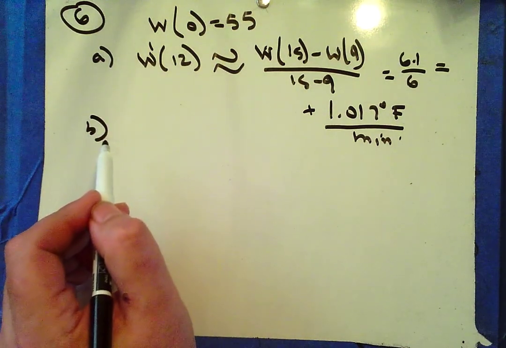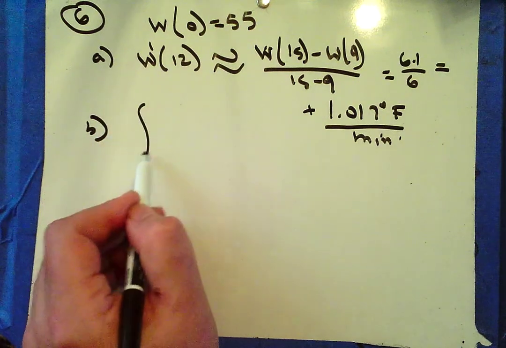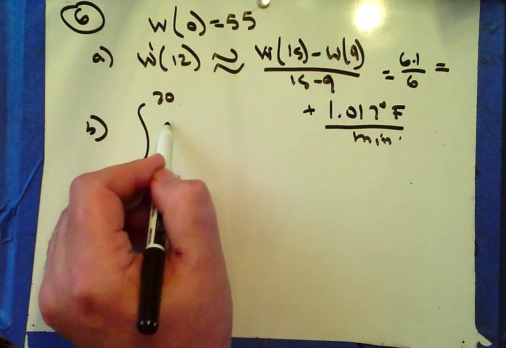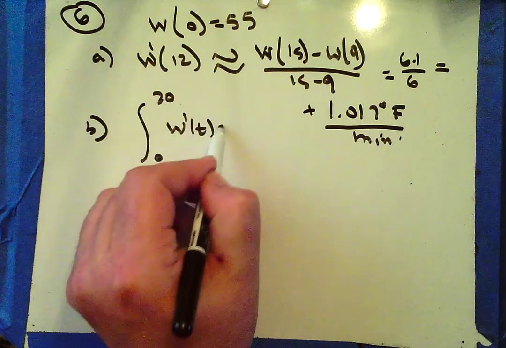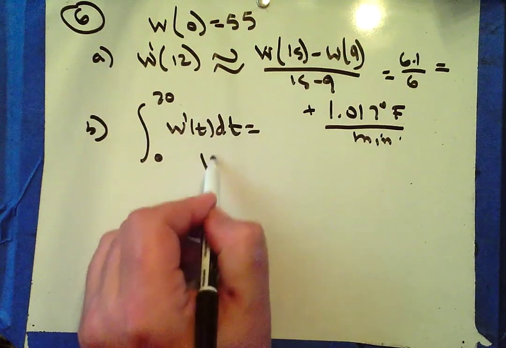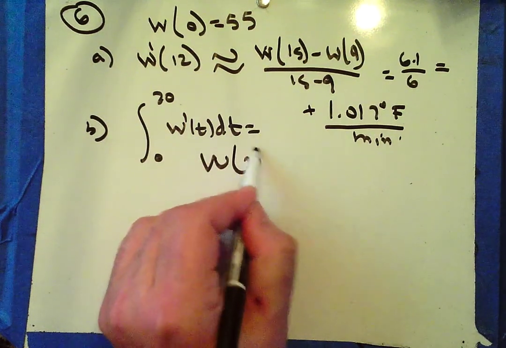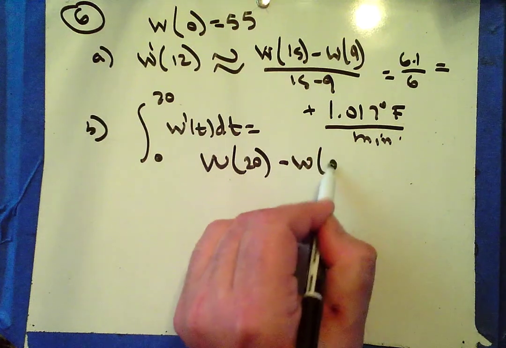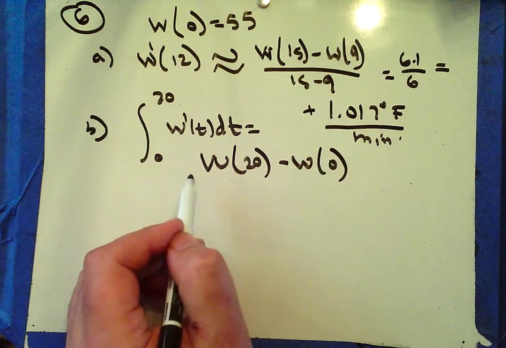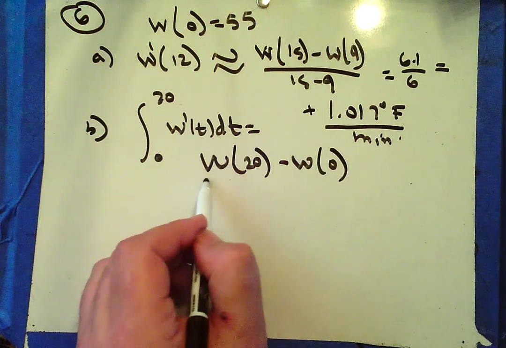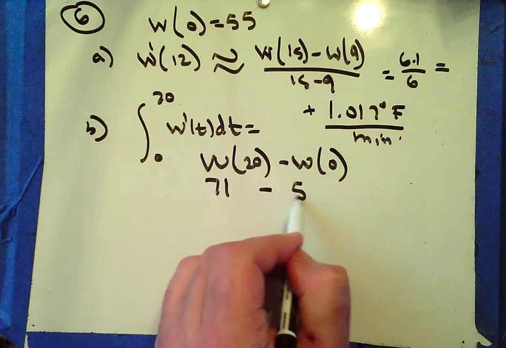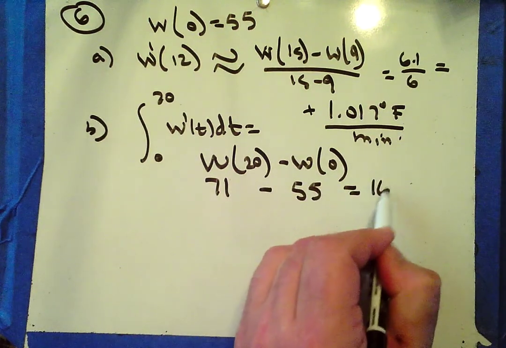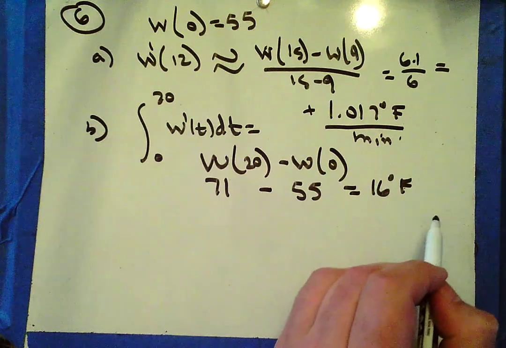Okay, part B. Part B says use the data in the table to evaluate the integral from 0 to 20 of W prime of t dt. There's our FTC2 problem. W of 20 is 71, W of 0 is 55, and I end up with 16 degrees Fahrenheit.